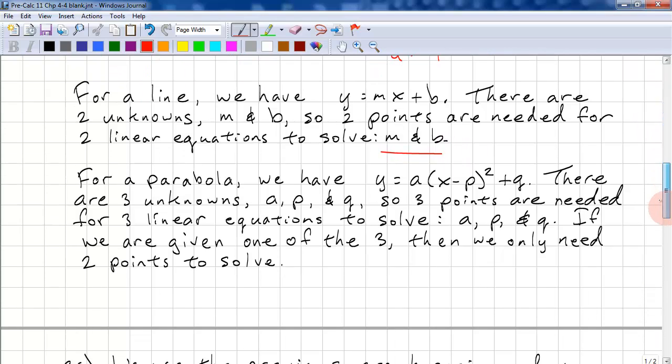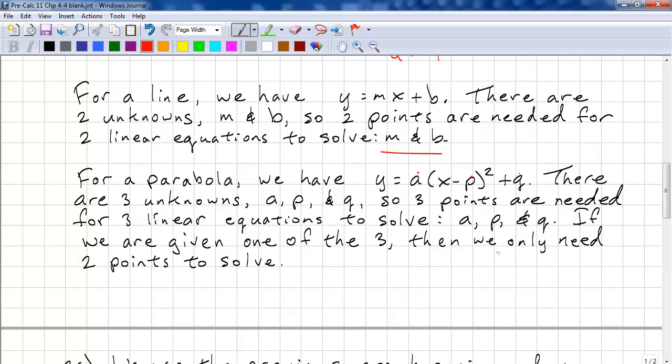For a parabola, we have the standard form, y is equal to a(x minus p) all squared plus q. So there's actually 3 unknowns. We have a, we have p, and we have q. So 3 points are needed for 3 linear equations to solve a, p, and q. If we're given one of the 3, then we only need 2 points and 2 equations to solve for the unknowns.